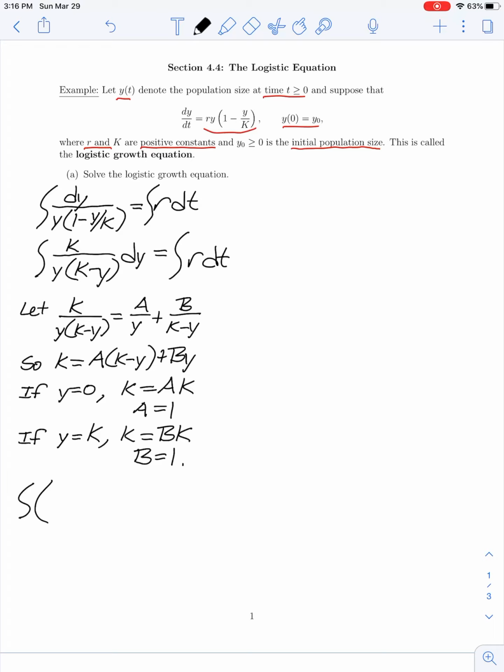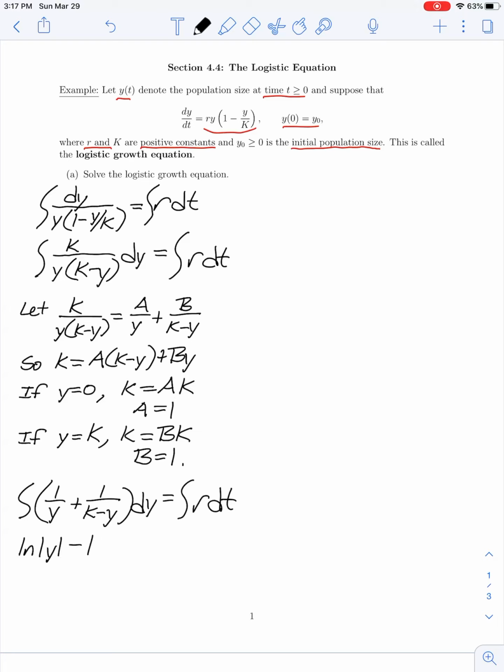So looking at this integral that we had on our left-hand side in terms of its partial fraction decomposition, we have the integral of 1 over y plus 1 over k minus y dy, and the right-hand side is still the integral of r dt.